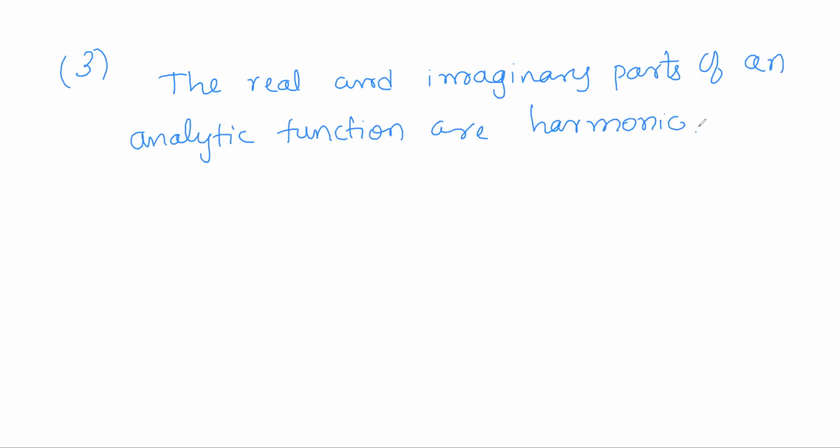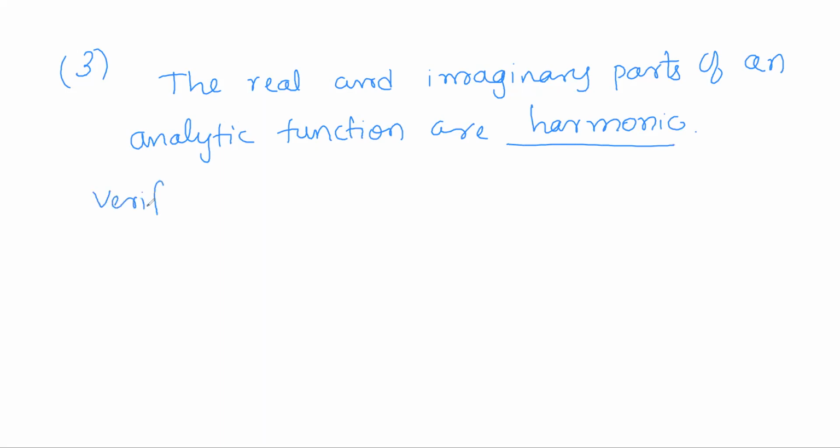Right? So if you consider an analytic function, you know that an analytic function is a complex valued function of a complex variable. That means that function will be complex valued, so it will have real and imaginary parts. Those real and imaginary parts will be harmonic.